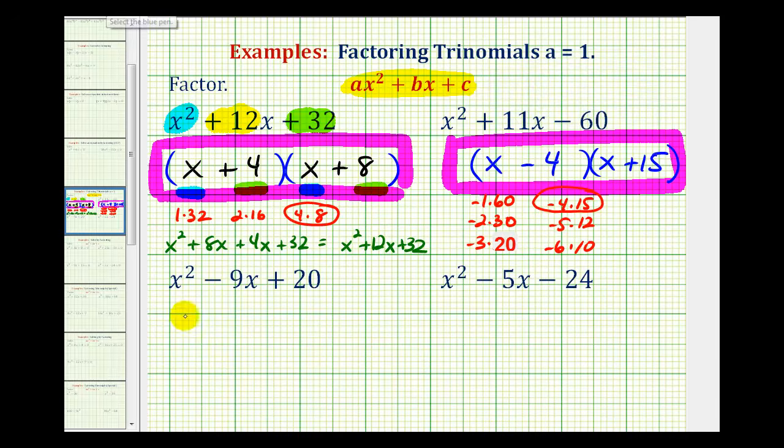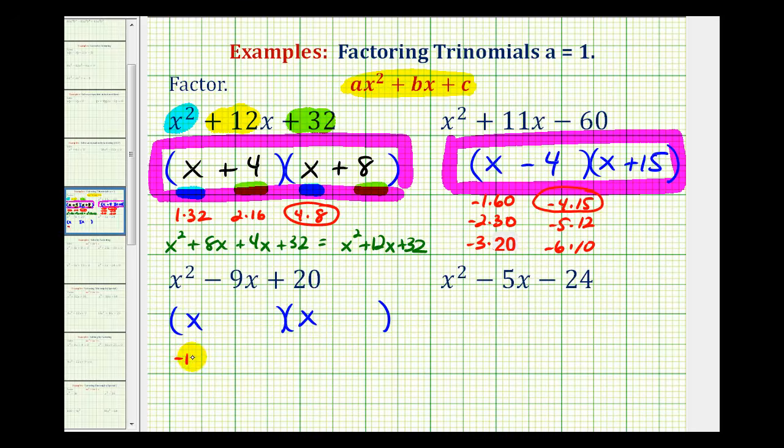In our next example, again, the only common factor among these three terms would be positive 1. So if this does factor, it'll factor into two binomials. The factors of x squared, x times x. And now we want the factors of positive 20 that add to negative 9. So if we want the factors of positive 20 that add to negative 9, notice both factors will have to be negative.